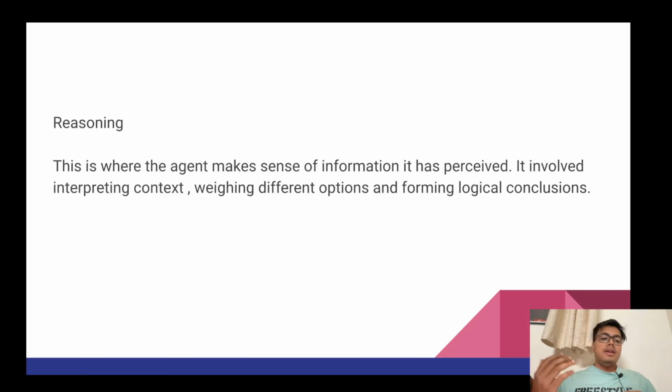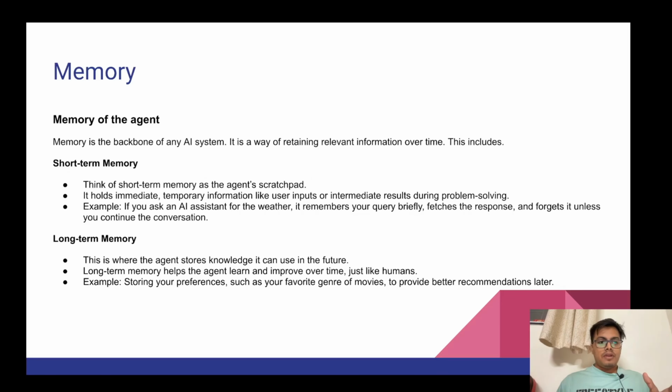It will interpret the context and make logical conclusions out of it. So the query coming to the agent is one input. The environment in which it is, let's say a knowledge base, is also an input. Using these, it will reason and understand the context.